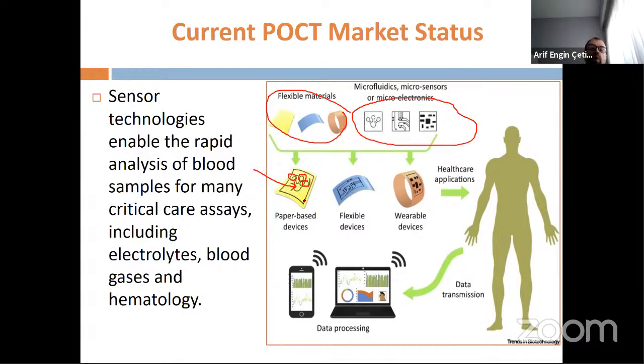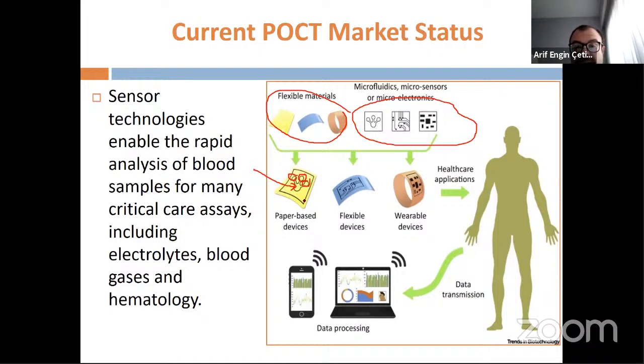So this microfluidic technology helps you to rapidly and effectively send the sample to the sensor location, because these microfluidic technologies help you to use as small a sample as possible.